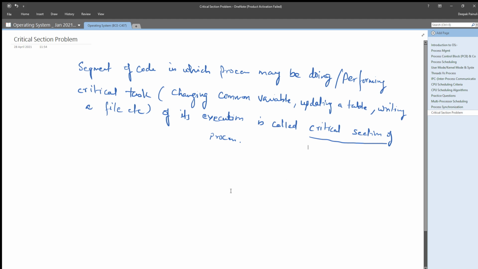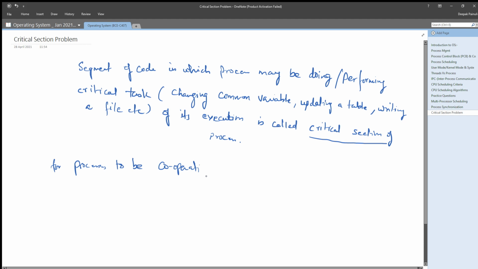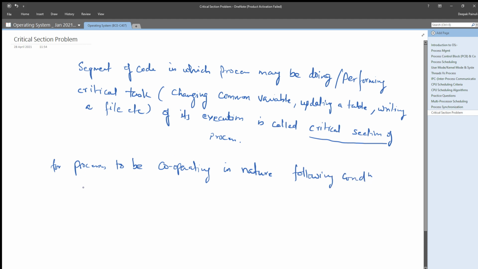So whenever we are dealing with cooperating processes, we must ensure, or in other words, for processes to be cooperating in nature, the following condition must be ensured.